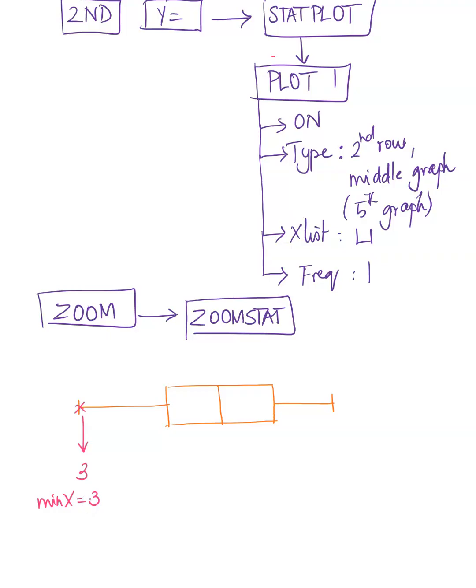Remember, min x came from your 5-number summary. Then move your cursor using the right arrow, and that lands you in Q1. It says Q1 is 6. Then again move the button, you get Q2. In fact, it says median, MED.